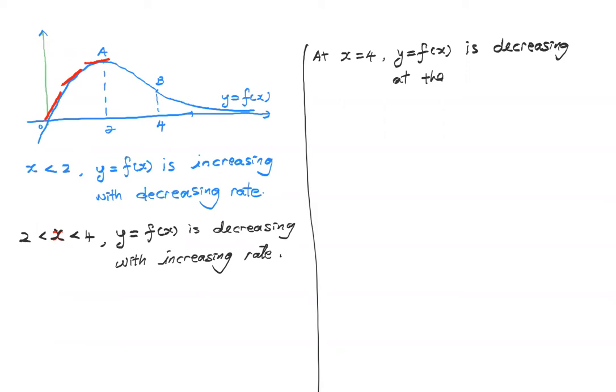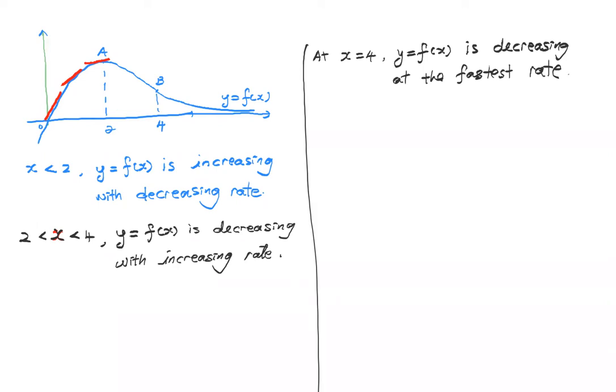So y equal to f(x) is decreasing at the highest rate. Fastest rate also can. Or if you want to say highest rate, your choice. In this case, it's the lowest point of the rate because it is decreasing. So usually we don't use the word highest rate, we use the word fastest rate.